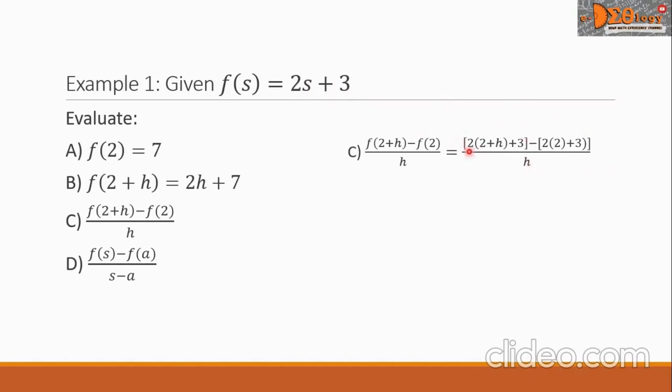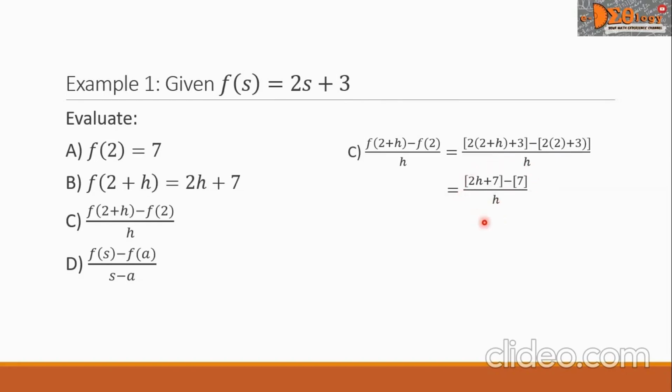Actually, we solved this already, and this is the answer, letter B. And the second function, we have the answer already in problem A. We can simply substitute the values of A and b respectively. So we have now the group 2h plus 7 minus the 7, all over h.